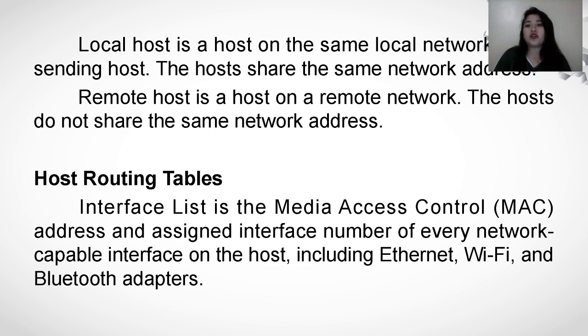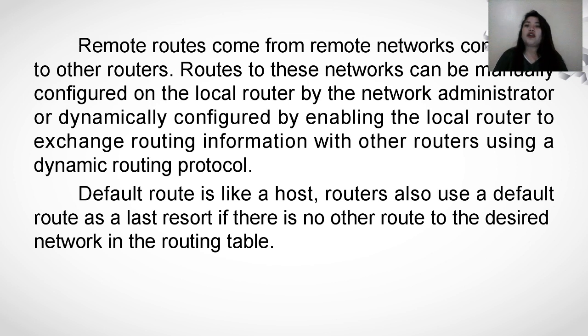Then host routing tables. Interface list is the media access control or the MAC address and assigned interface number of every network capable interface on the host, including Ethernet, Wi-Fi, and Bluetooth adapters. Remote routers come from remote networks connected to other routers.